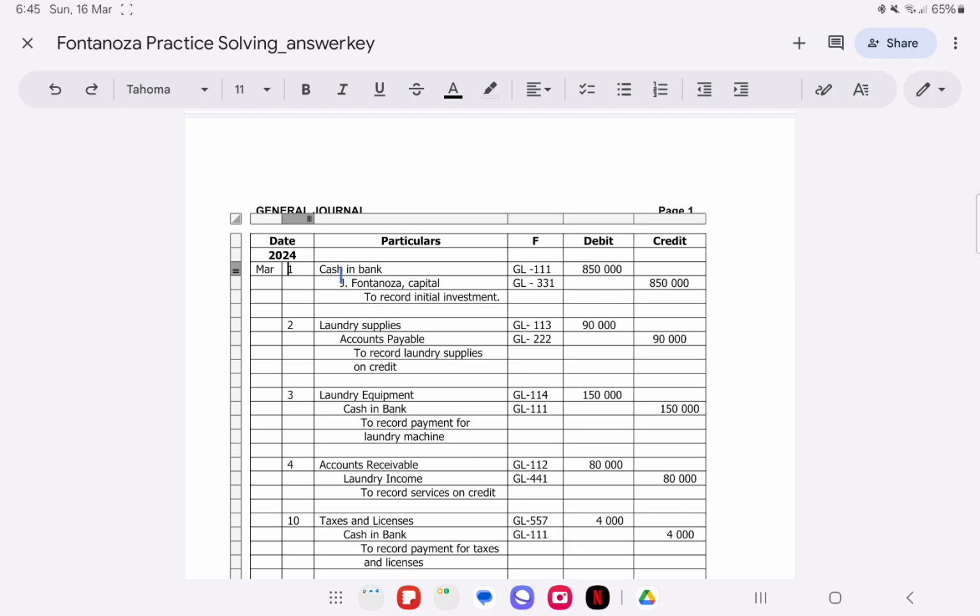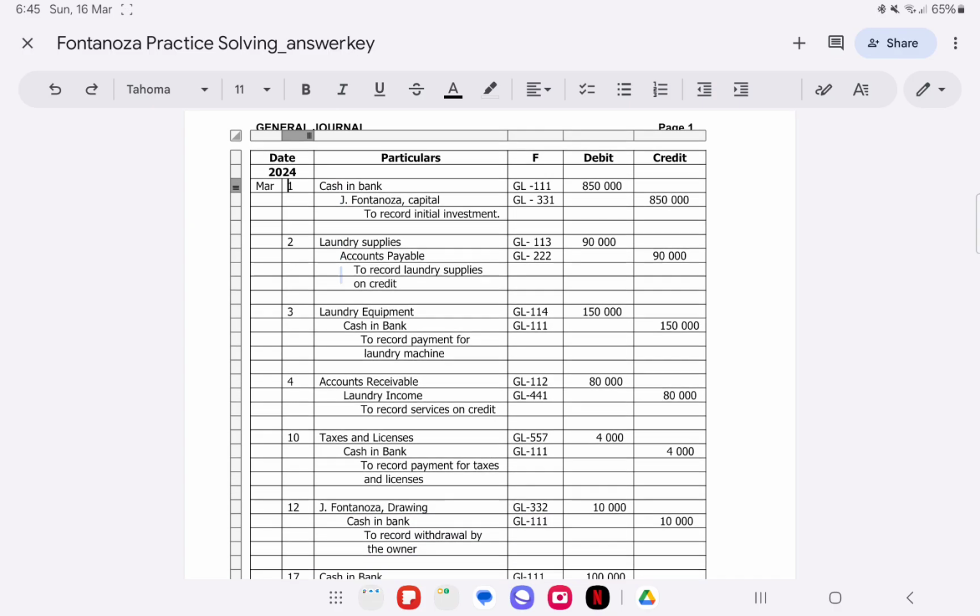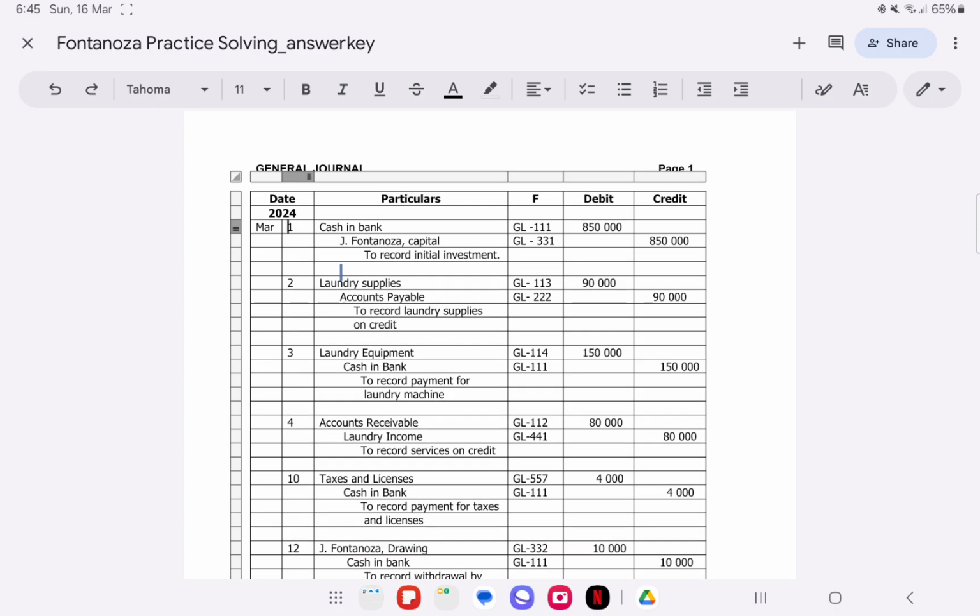That's our starting point when we are starting a business, and it should end on the 30th or 31st, so it should be systematic. You cannot put March 30, March 31, March 15 ahead of March 1.